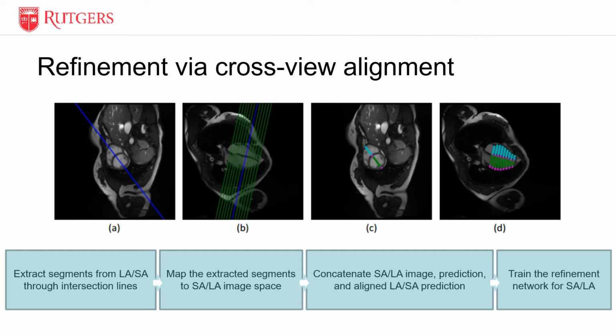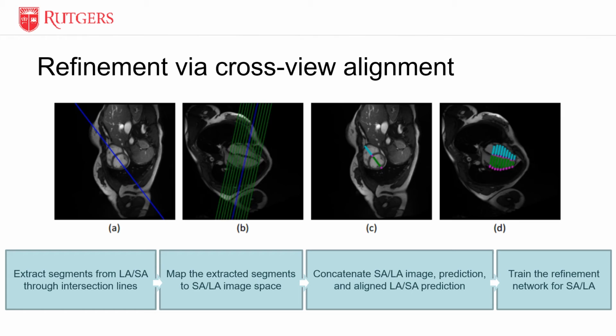We first compute the intersections of the short and the long axis slices based on their world coordinates. For the short axis images, through the intersection lines, we extract segments of the masks from the long axis slice and map them to the short axis image space.